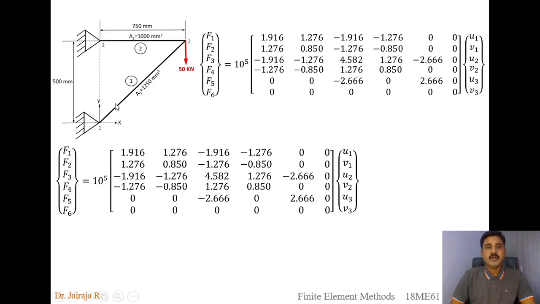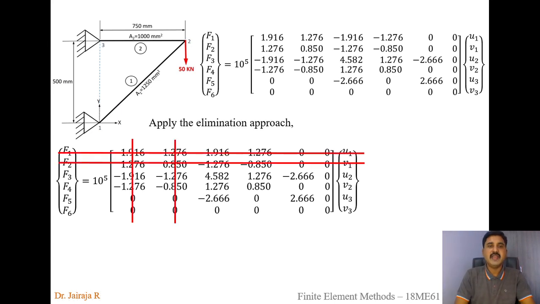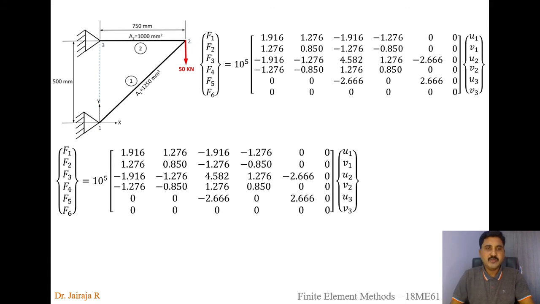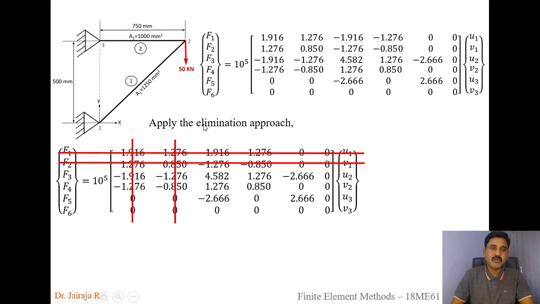Now we can apply the boundary conditions. Since it is not mentioned, I am going to use the elimination approach. Here we can see node 1 and node 3 are fully fixed. According to the elimination approach, since node 1 is fully fixed and has 2 degrees of freedom, the first two rows and first two columns can be eliminated.